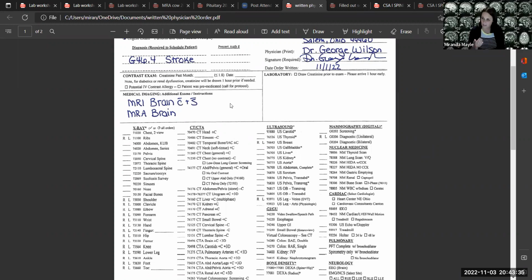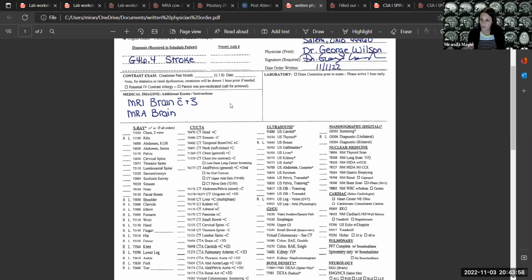Does anybody know what the C with a line over it means? Without contrast? With contrast? C means with contrast. S with a line over it means without.